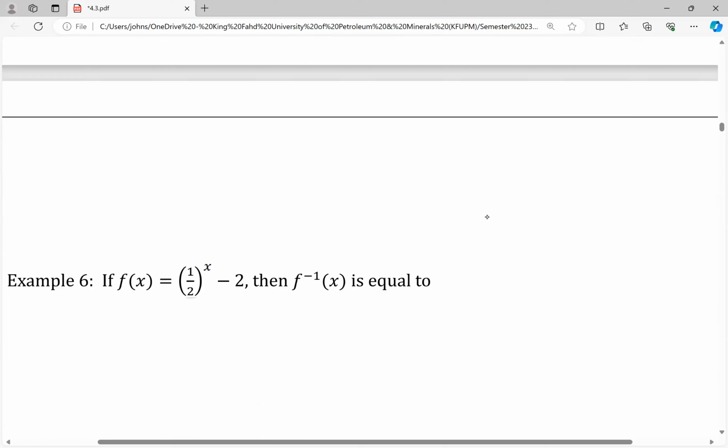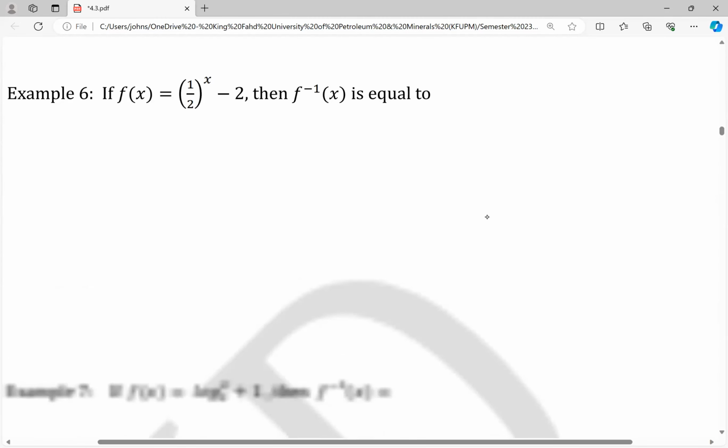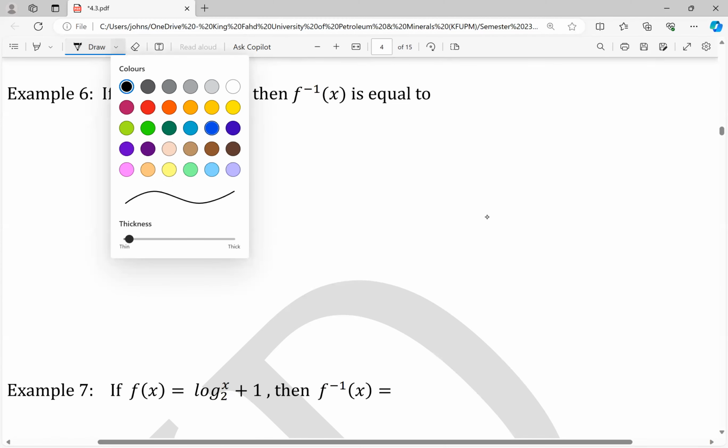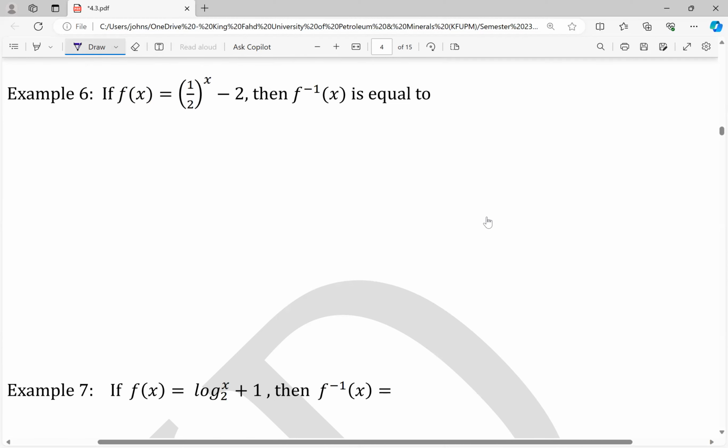So let's go to the next example, which is example 6. For example 6, we want to find the inverse. So we have an exponential function, and we want to find the inverse. So we just follow the procedures we saw in 2.8, how to find the inverse.